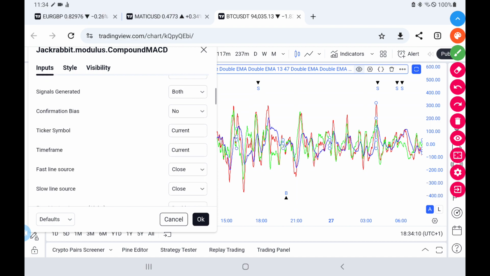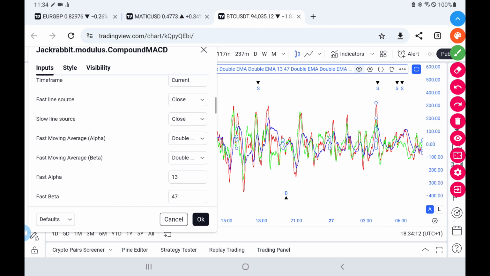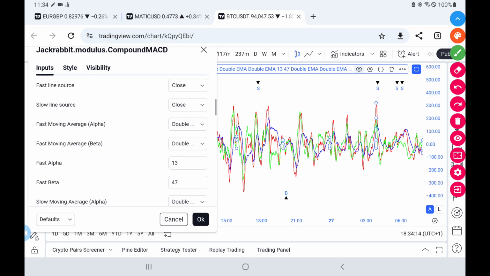But if you scroll down, you will find that we have the fast moving average alpha and the fast moving average beta. So we have 2 different moving averages set to double EMA at the moment. We're going to change this and see how it affects the settings.